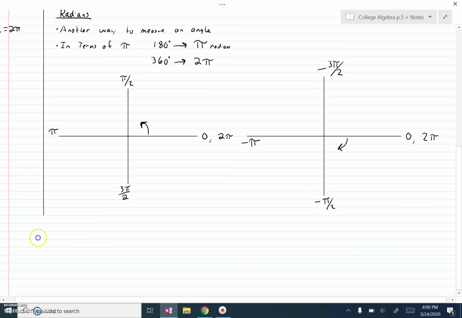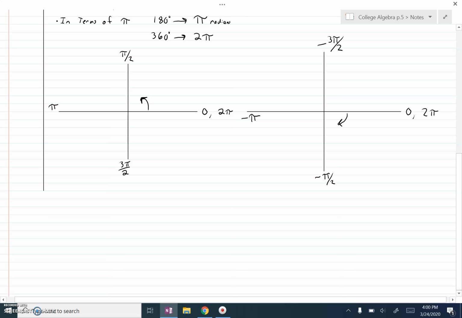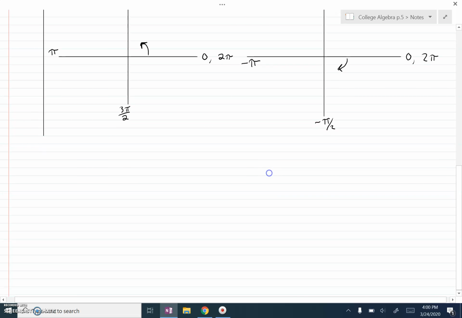Okay, so that's a little bit about radians, how it works. I can give you some examples so that when you try the bookwork or the online homework, it'll make some sense.